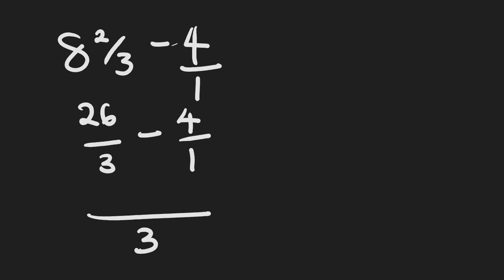So 3 divided by 3 is 1. 1 times 26 is going to give us 26. So we have 26 minus 3 divided by 1 is the same thing as 3. And 3 times 4 is 12, right? So we're going to have 12. So 26 minus 12 is 14.